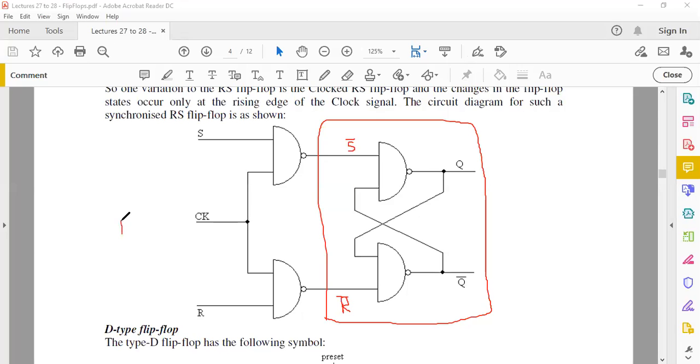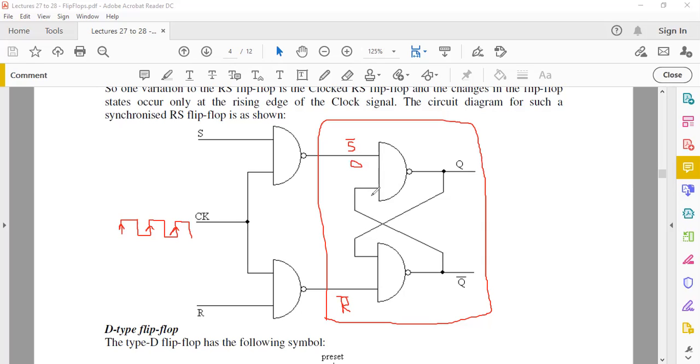So let's say we draw a small clock signal here. These are called the rising edges of the clock. It's a falling edge, rising edge, falling edge, and rising edge. Based on the previous analysis, let's say we want to set the flip-flop, so this has to become 0 here to set it.